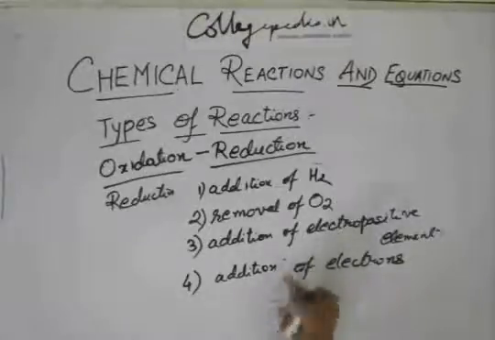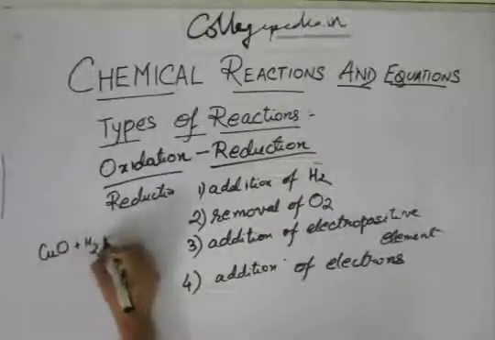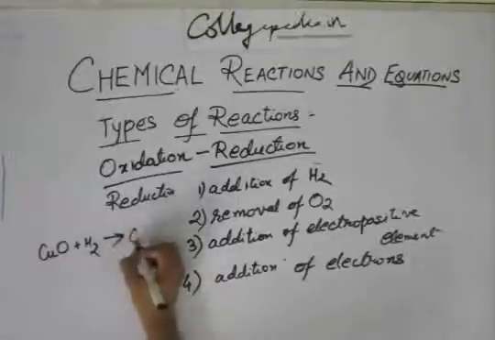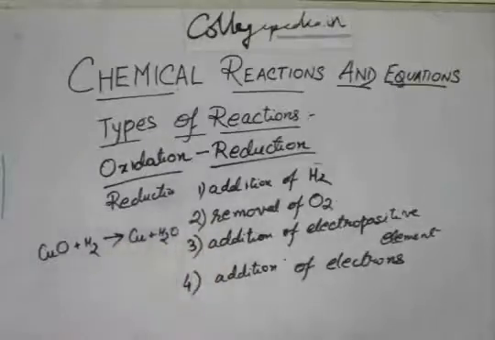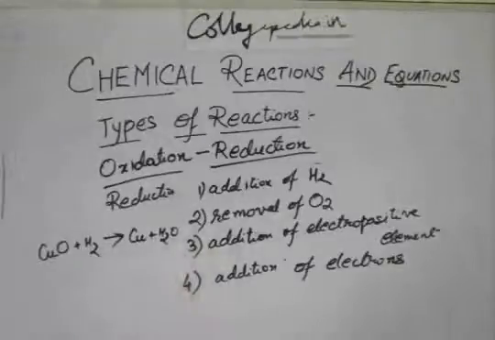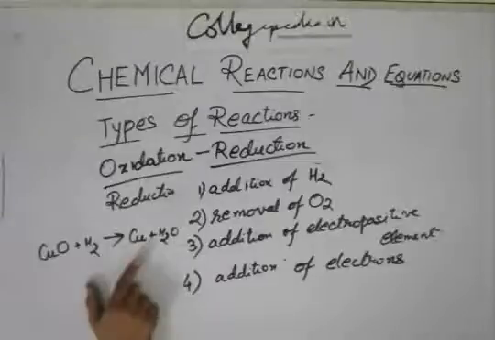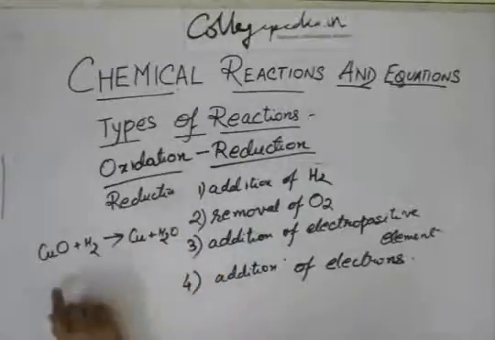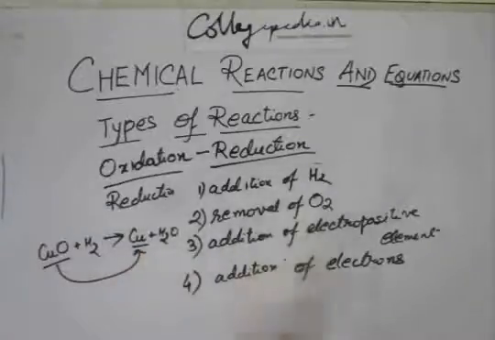So addition of H2, you'll have copper oxide plus H2 will give Cu plus H2O. So copper oxide is getting reduced because oxygen is getting removed from copper. Just see, copper oxide is getting reduced to copper because it's getting rid of oxygen.